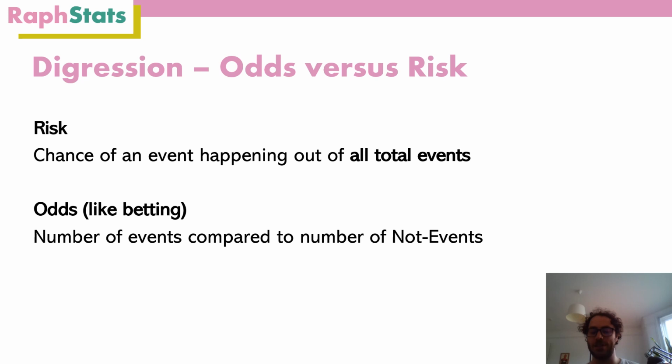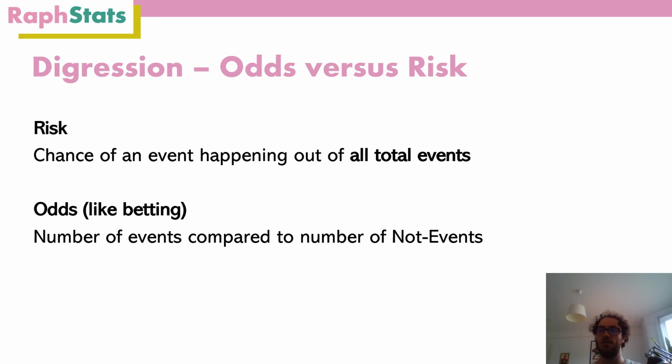So to use the weather as an example, if the risk of rain was 5%, we'd expect that out of 100 days, 5 would be rainy. Odds is slightly less intuitive. And this is when you're hearing 2 to 1 or 3 to 1 odds, if you're betting on a horse or a sports match or anything. This is a metric that is being used. And instead of the number of events compared to all total events, it's instead the number of events compared to not events.